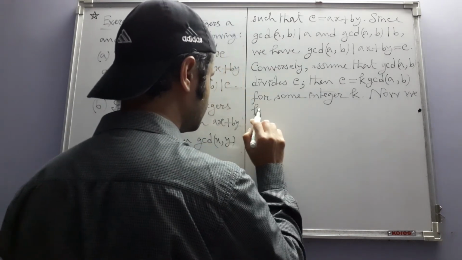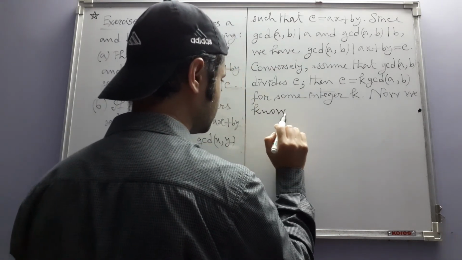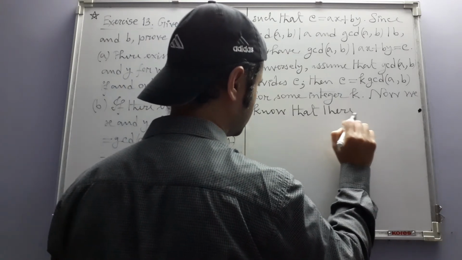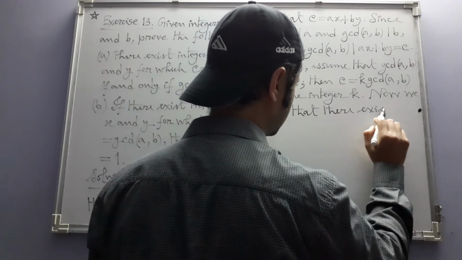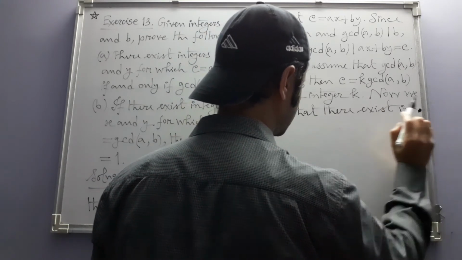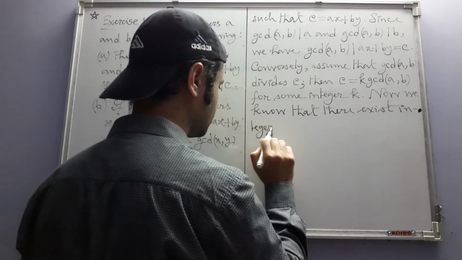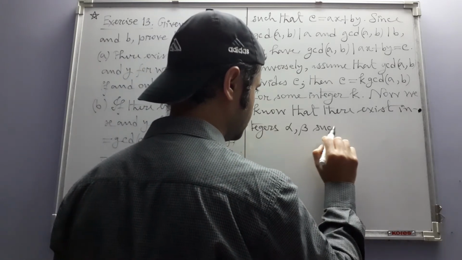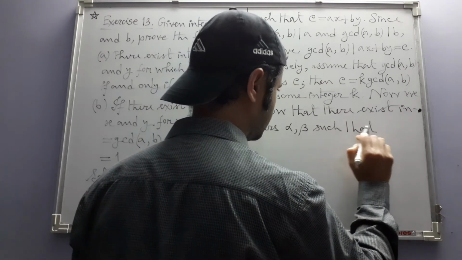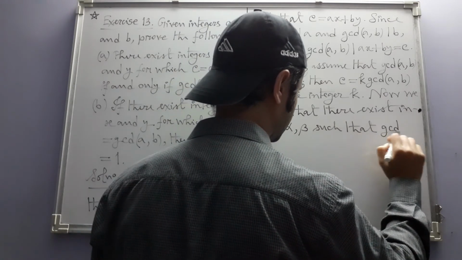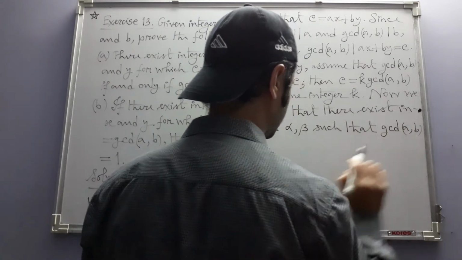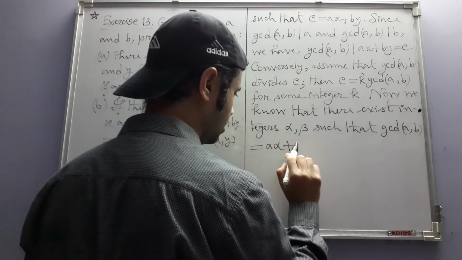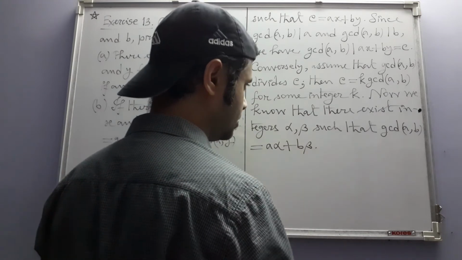Now we know that there exist integers alpha and beta such that this is equal to a alpha plus b beta.